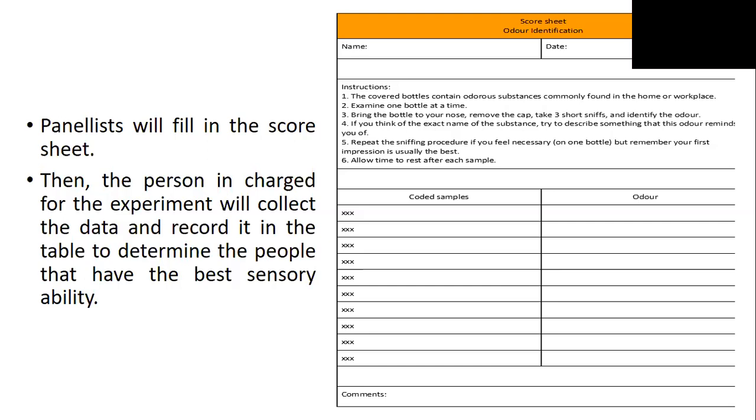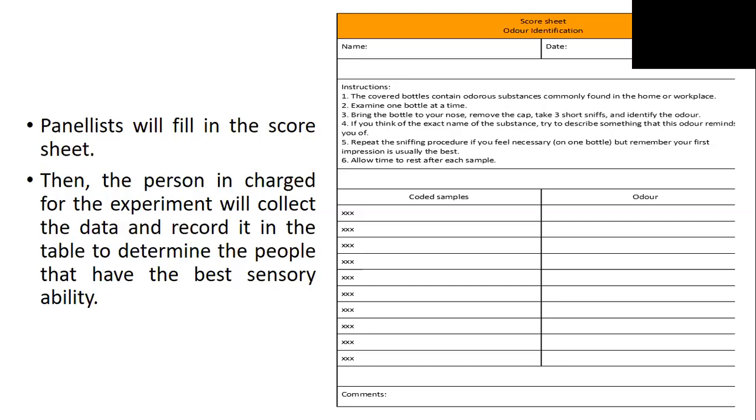Okay, you give just a number, and then you ask the panelists to open up the glass jar and then sniff 3 short sniffs. If you look at here, why can't they sniff many times? Because our receptors will get tired, fatigued, when you are forced to sniff too much.